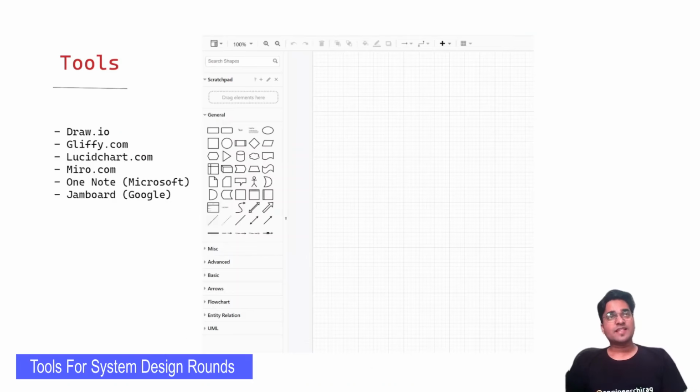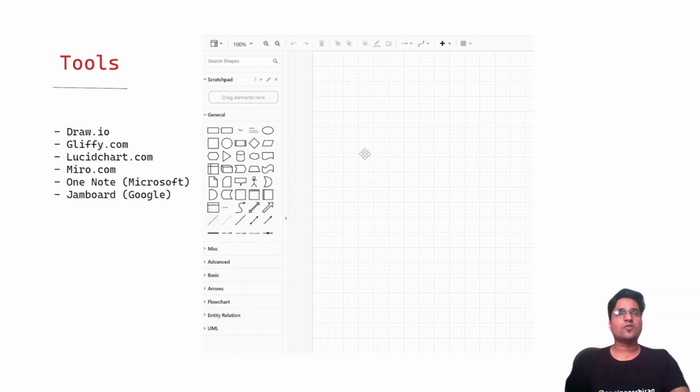Certain tools can help you speed up the flow diagrams and the things you want to have in your system design, the way you want to present. A couple of them are very famous. You can open something like Paint, or use pen and draw. If it is a physical system design round, you can use a whiteboard to draw and represent what you want. For low level design, you obviously need a system to code most of the time.